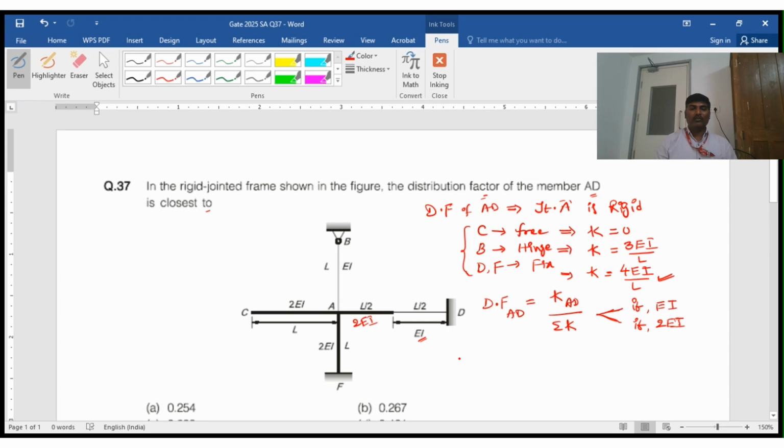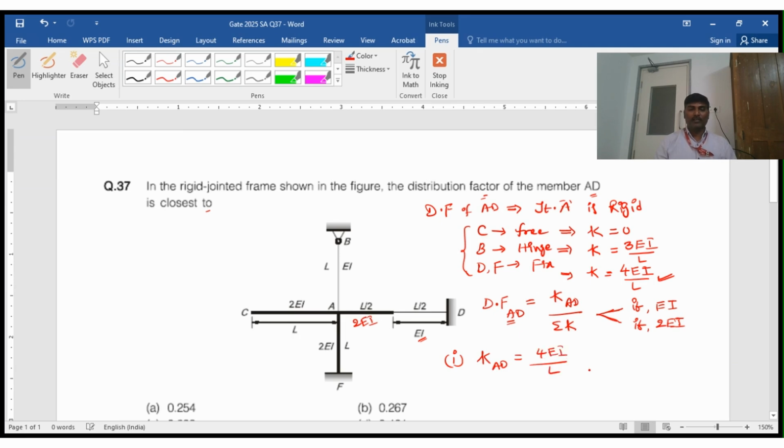So in case 1, that means if the entire member AD has flexural rigidity EI, what will be the distribution factor? In that case, stiffness of AD will be 4 EI by L.